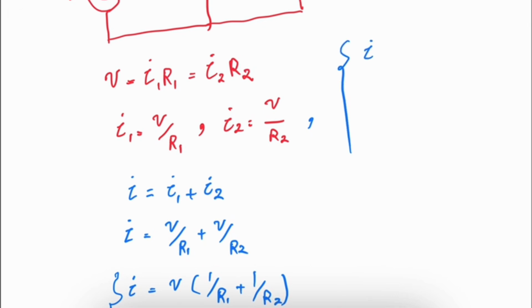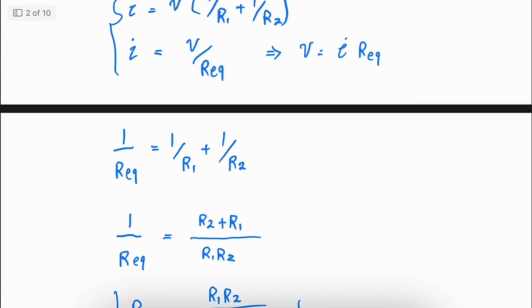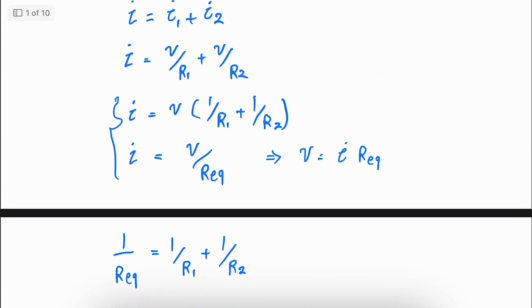I1 is V over R1. But what is V? V is equal to I R equivalent, and R equivalent is the product of R1 R2 over R1 plus R2.